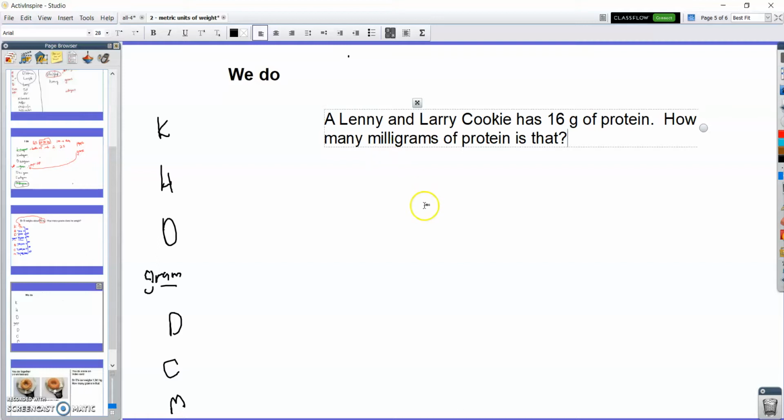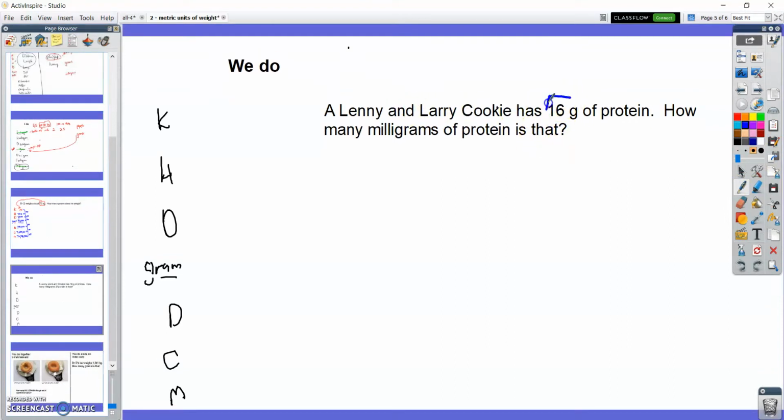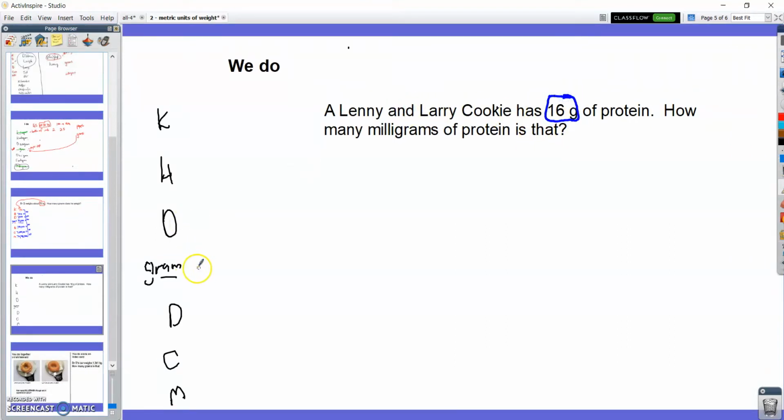So let's calculate. So a Lenny and Larry cookie has 16 grams of protein. So that a gram is the base, 16g, little g means gram. So I'm starting here at the base unit. Okay? So 16 grams, and I want to know how many milligrams, that's the M down at the bottom. So it's going to be a lot. Milligrams are very small, so it's going to be a very big number.